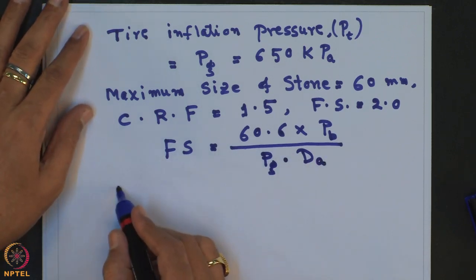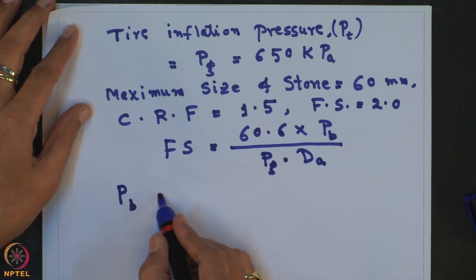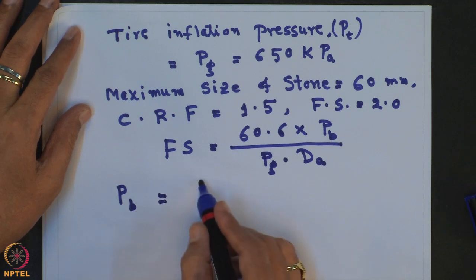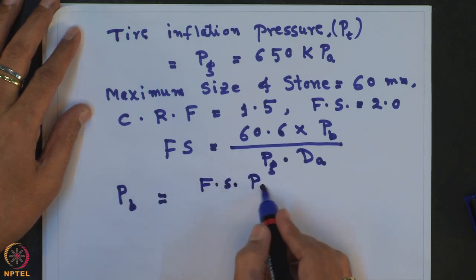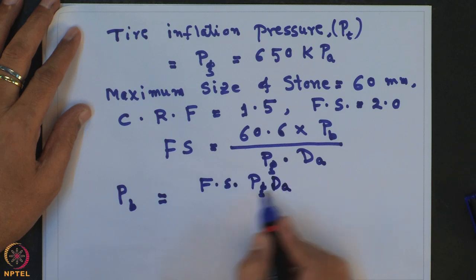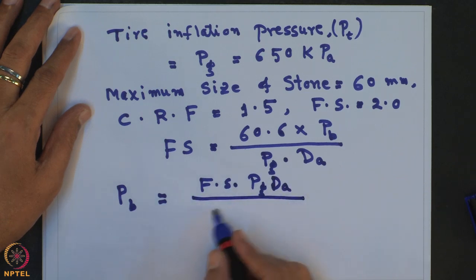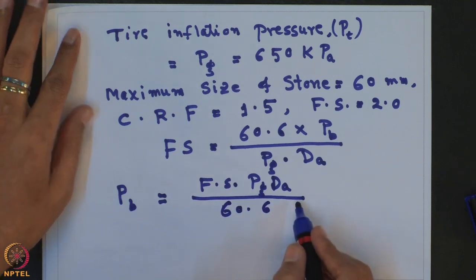So, P B is equal to F of S, P of G into D of A, this divided by 60.6.